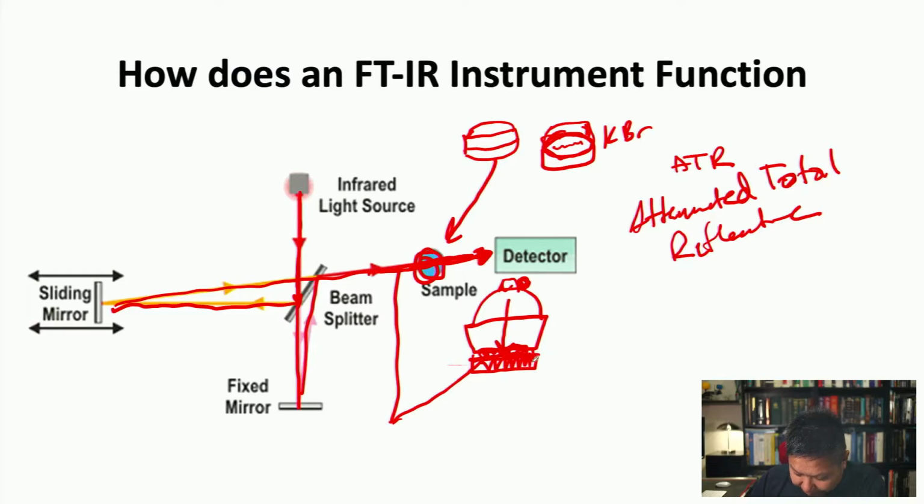Essentially, after it comes out, it's gone through and sampled the sample multiple times, and then the light comes back out and goes into the detector. It made IR spectroscopy so much easier, right? So much easier. Anyway, that's attenuated total reflectance, okay?